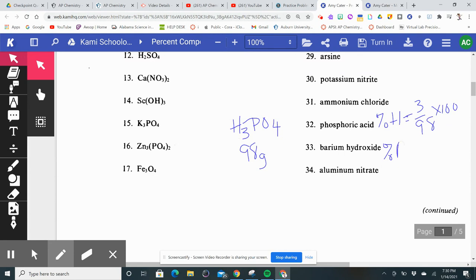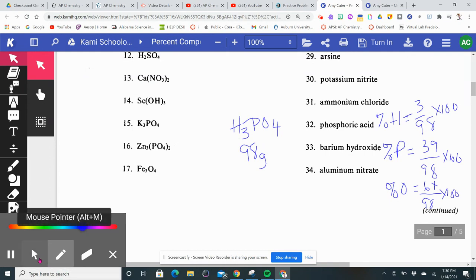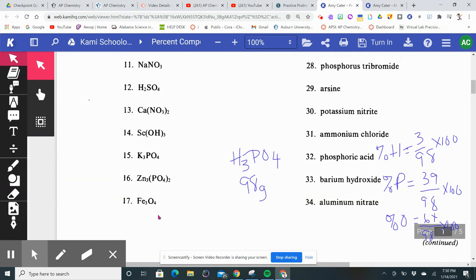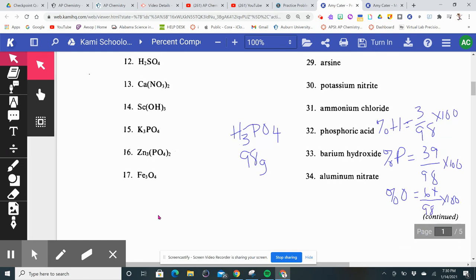To find the percent phosphorus, that would be 31 divided by 98 times 100. And to find the percent oxygen, that would be 16 times 4, which is 64, divided by 98 times 100. Make sure, again, that you divide those completely out and get me an actual number. I'm just leaving it that way for time's sake.